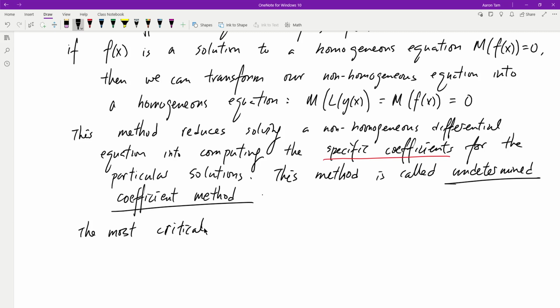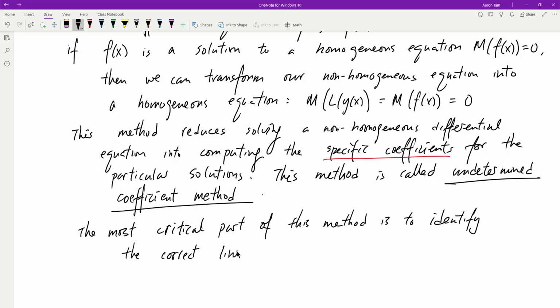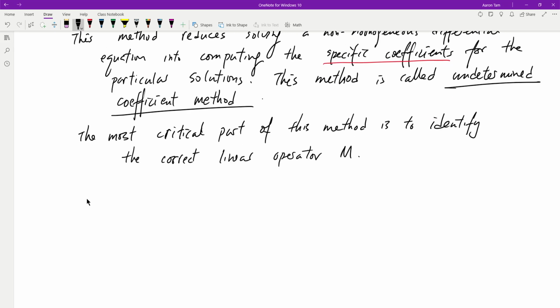So the most critical part of this method is to identify the correct linear operator m. We'll talk about how to do that in a minute, but I do want to show you an example first so that we can see how that works.